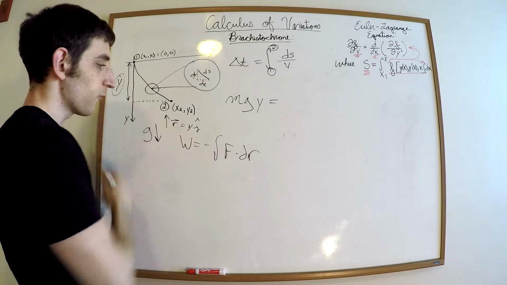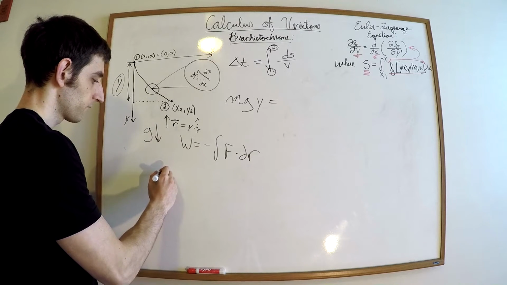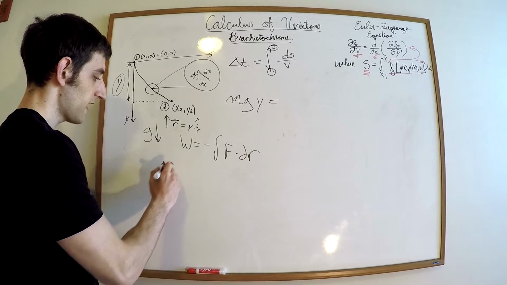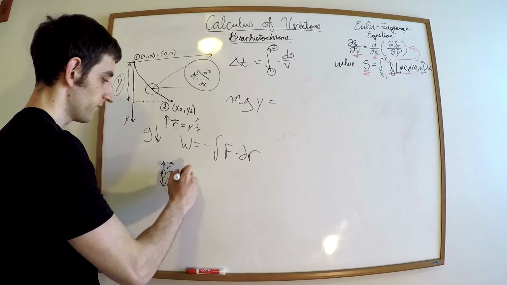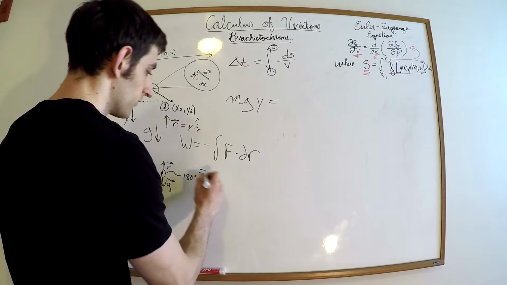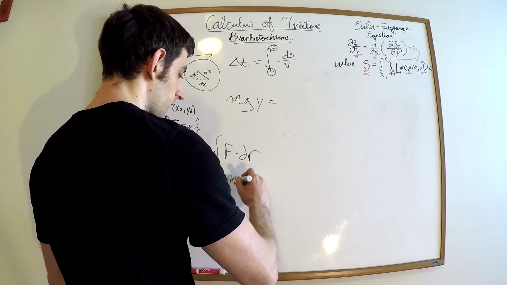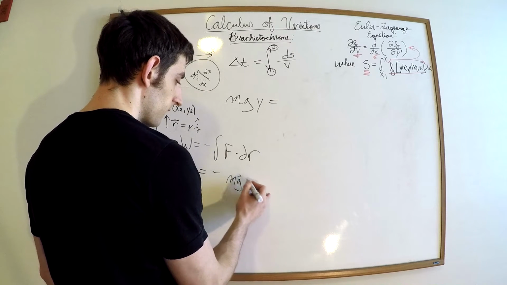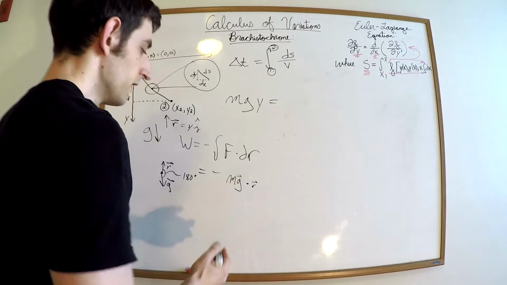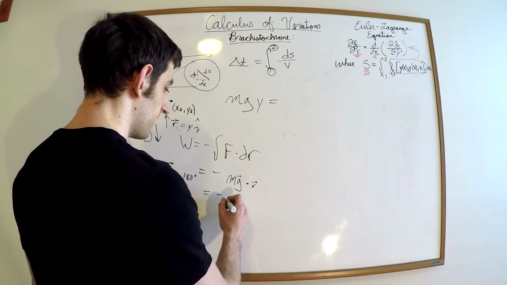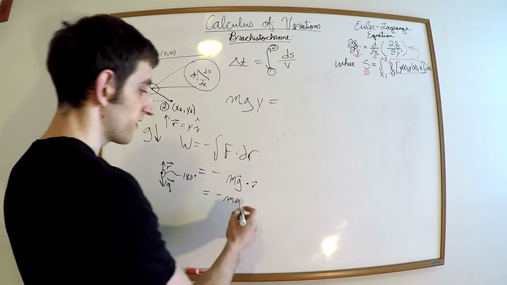So if we're pulling this guy up y, we have r like that, we have g like that. This angle is 180 degrees. So this is going to be negative mg vector dot r. Okay? Now, this can further simplify down to negative mg r, which is just y. We take the scalar variable here.